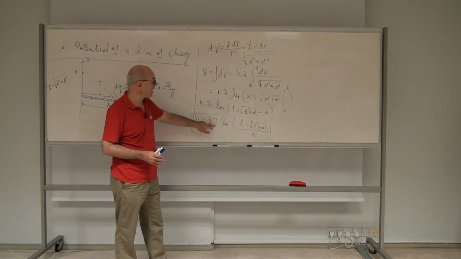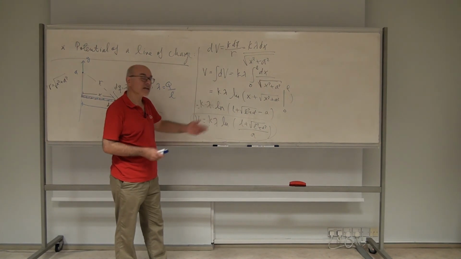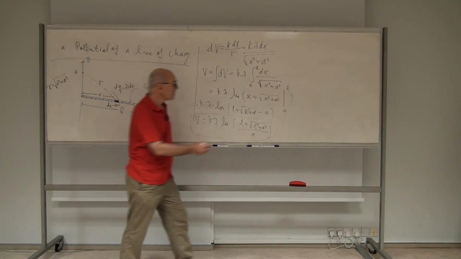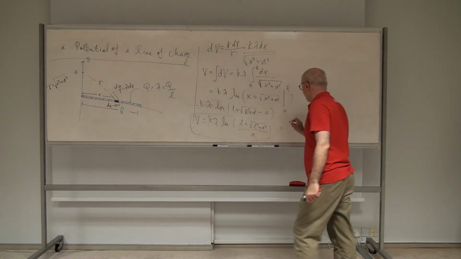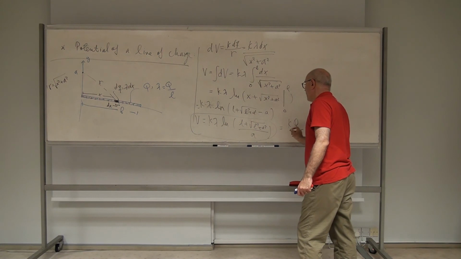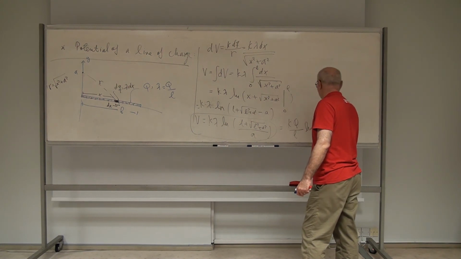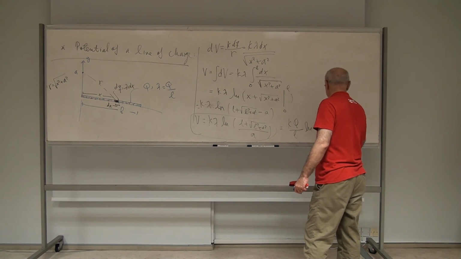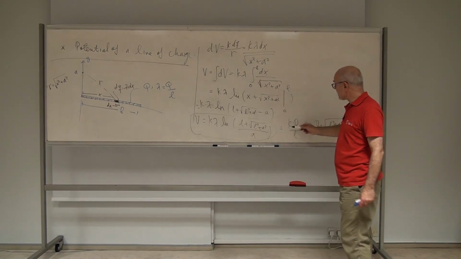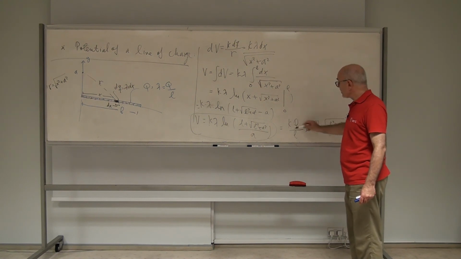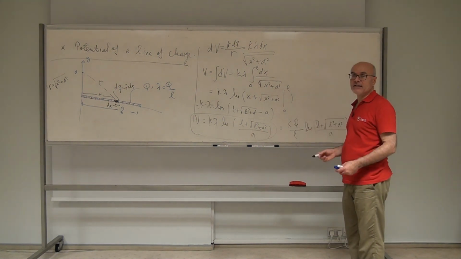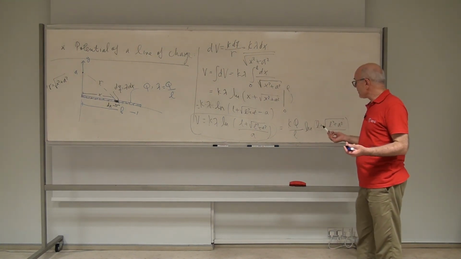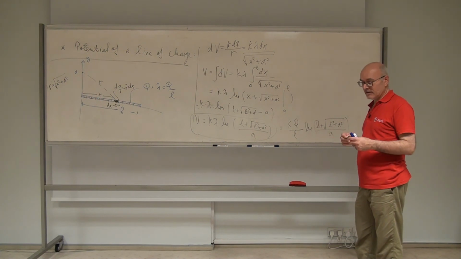Lambda you can express as Q over L, so you can write this as kQ over L times ln of (L plus the square root of L squared plus a squared) divided by a. Now this has the units of k multiplied by charge divided by length, which is exactly the form for a potential. So the expression is right dimensionally.